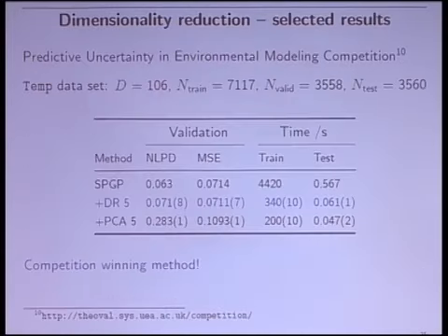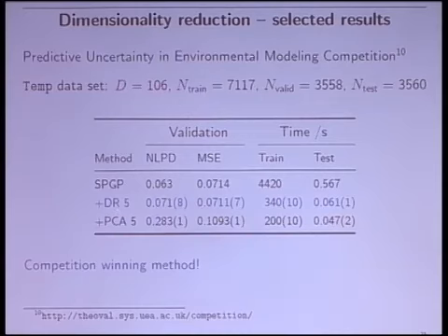So maybe I'll just skim over the details, but here's an example where we have a 106 dimensional space. We actually used this in a modeling competition, and the original sparse GP method that I talked about, the FITSI or the SPGP method, gets very good error rate for this particular data, but the training time in particular is quite high.